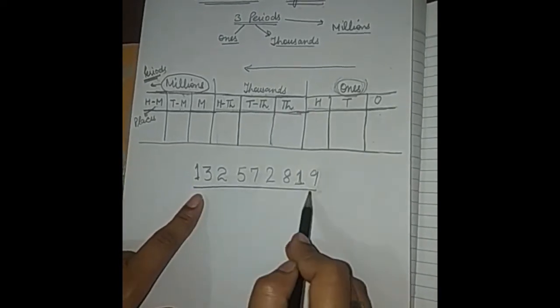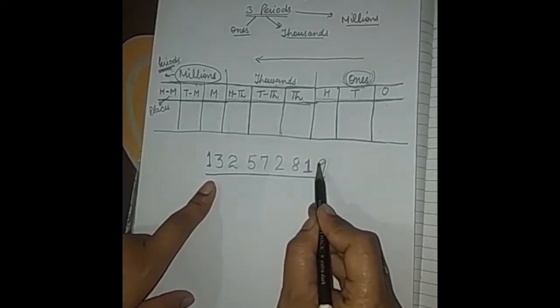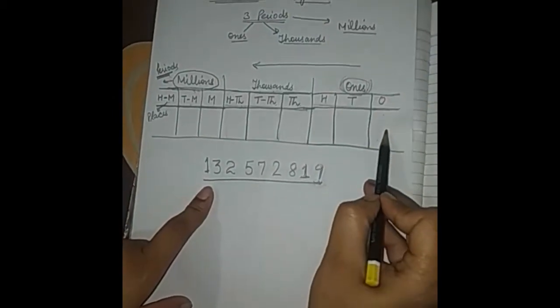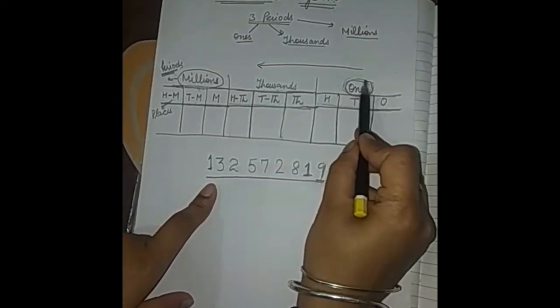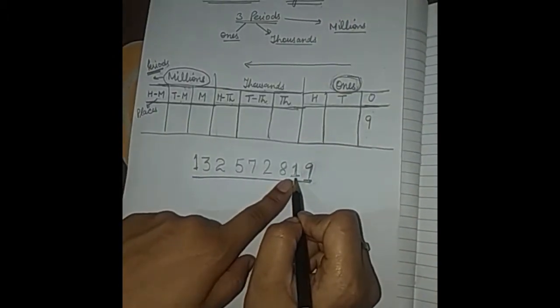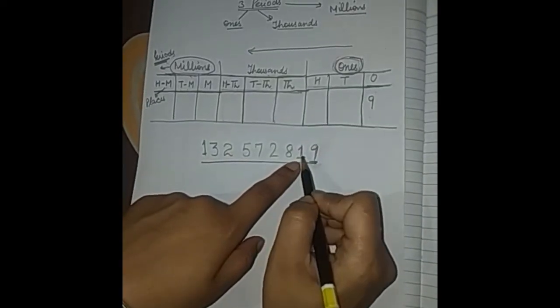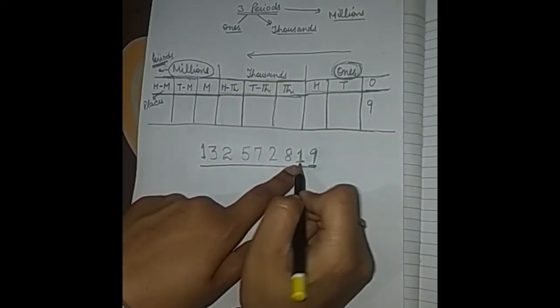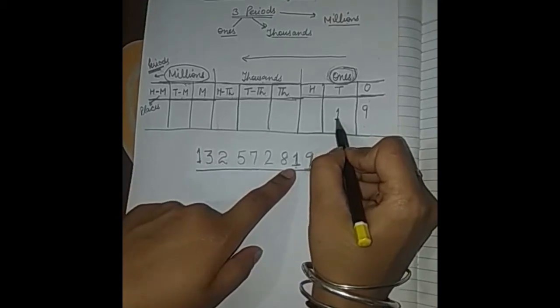First we will place the last digit 9 in the last column of the ones period. The last column of the ones period is ones, so we will place digit 9 on the ones place. Then the second last digit, 1, goes on the next place, that is the tens place.